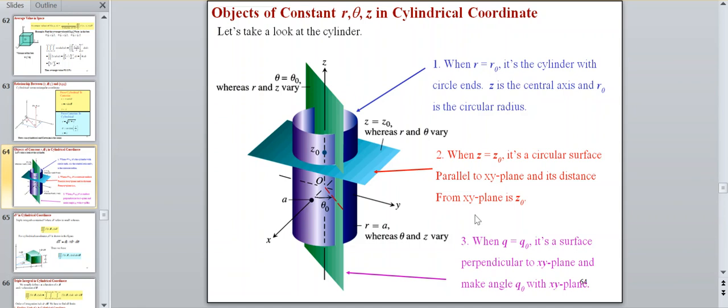So these are simple. Of course, we have more complicated cylindrical equations, but at least we should know these three simple cylindrical equations.